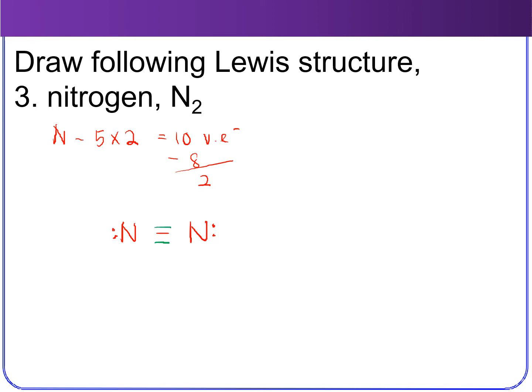At this moment, you will notice that both the central and terminal nitrogen atoms have 8 electrons, and the total valence electrons are 2, 4, 6, 8, and 10. You will notice that the way we draw the Lewis structures for oxygen and nitrogen is a bit different from what you learned in SPM.